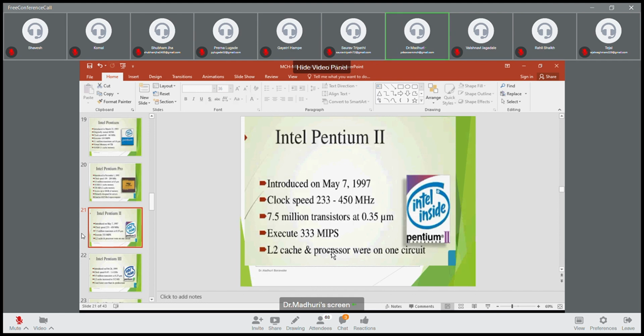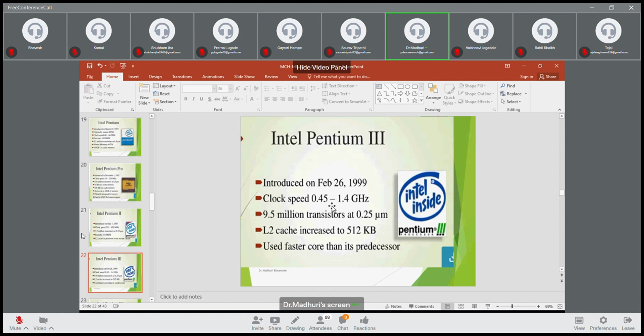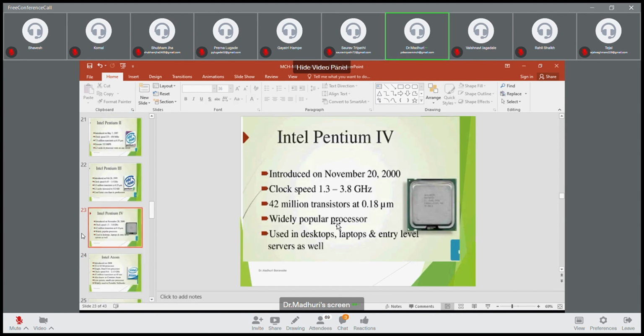Okay, next, Pentium 3. Again it has 9.5 million transistors, and they increased the size of the L2 cache memory to near about 512 KB, and it is a faster core than its predecessor, the Pentium 2. Now next is Pentium 4. Here they included 42 million transistors, and the clock speed increased to near about 1.3 to 3.8 gigahertz.